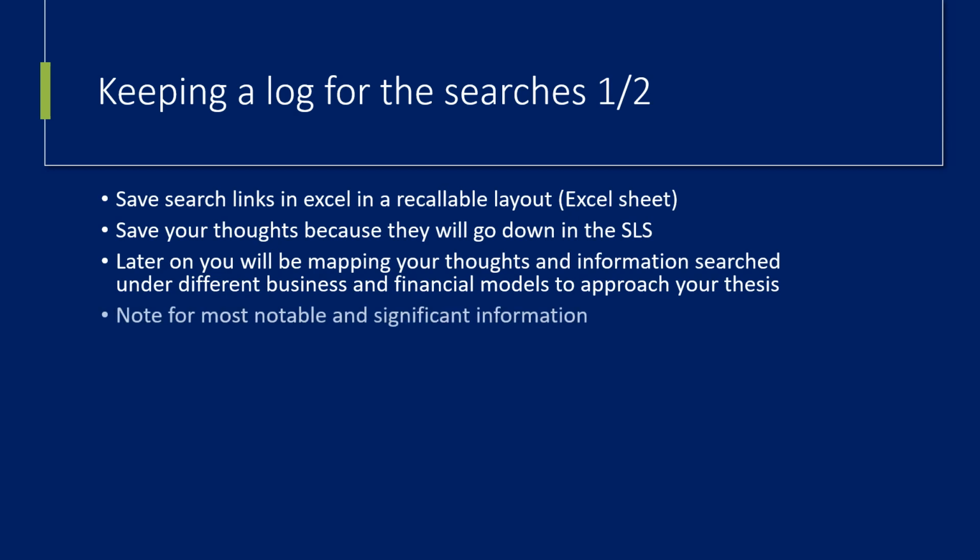Or if you have gone through news relating to your subject company, let's make an example here. Assume that there was a fire in the warehouse or something, and that must have cost a lot of expenses. That must have caused a lot of damage to the inventory and things like that.